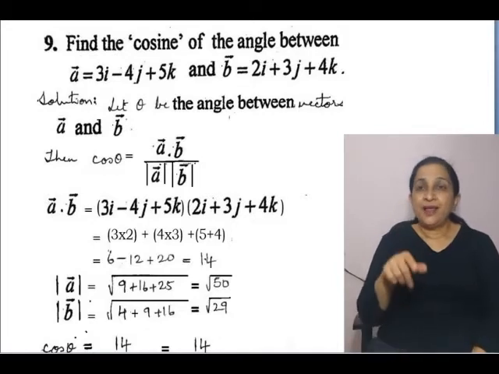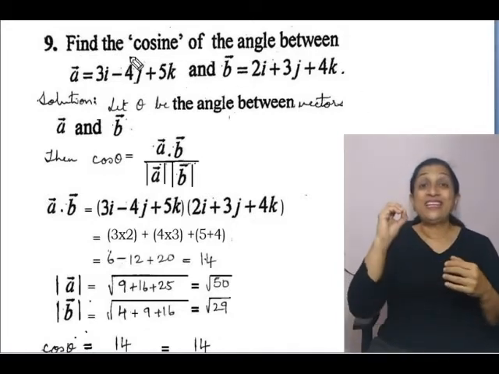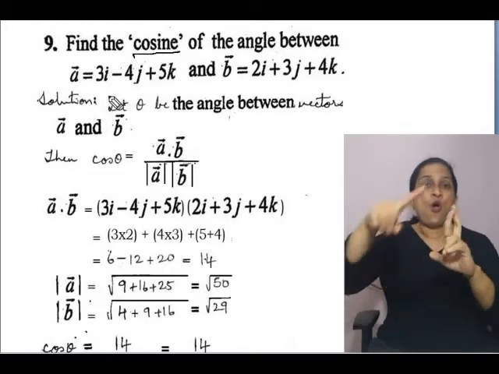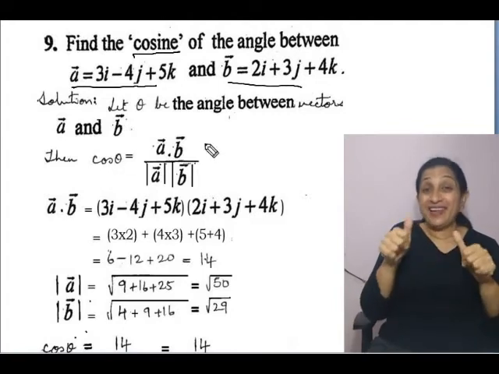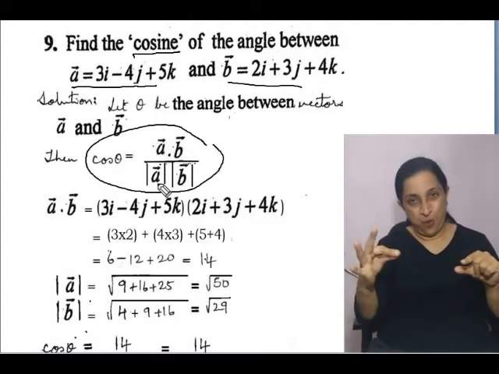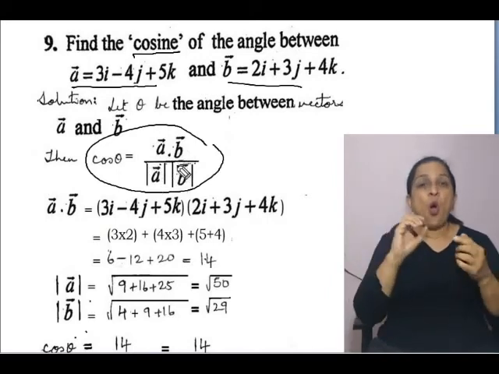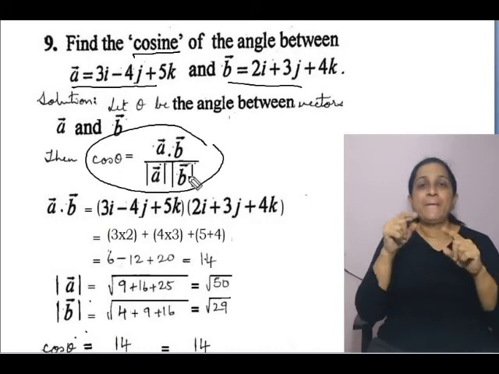Now here we find the cosine of the angle between these two vectors. The formula is this one, that is, cosine of the angle is equal to the product of the vectors divided by the modulus of the vector values.